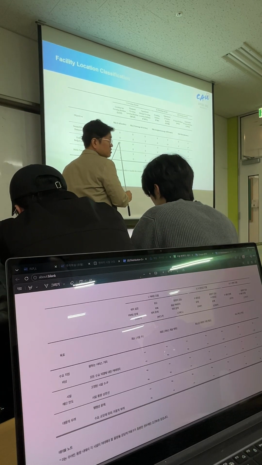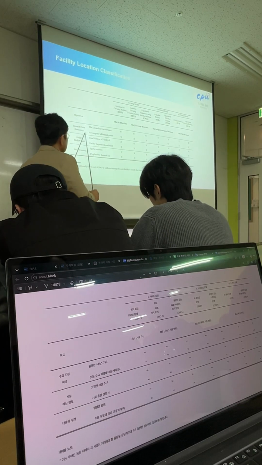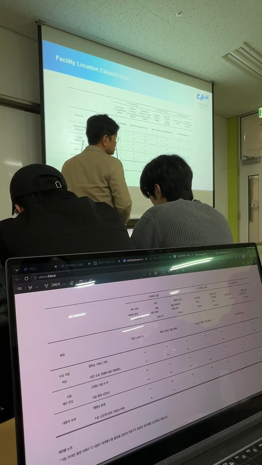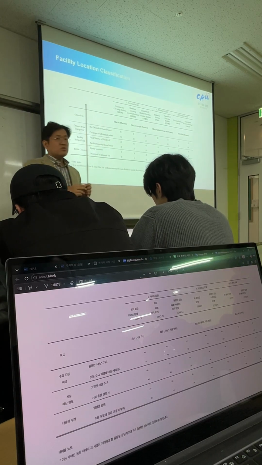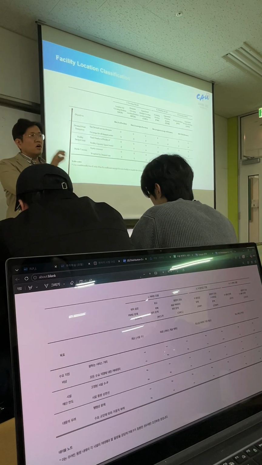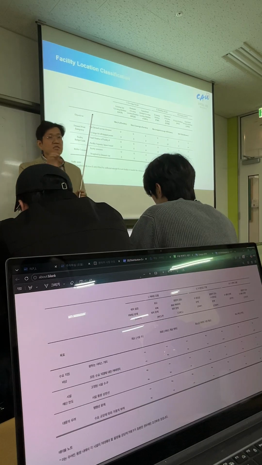It's not applicable. Okay? Then from the service level perspective, you have to think about the desired service distance. That means I want to have a maximum distance between the service center and the service point. Service center, facility, and then demand.